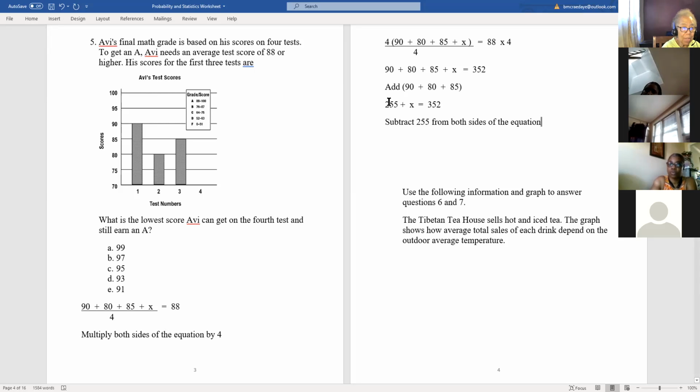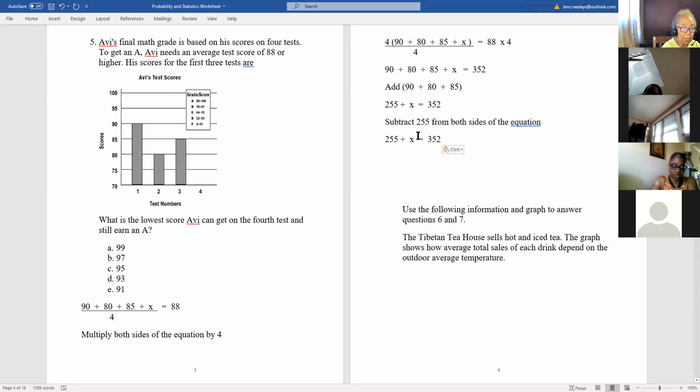So let's just do that. The 255 plus X, and this would be minus 255 on the left, minus 255 on the right. Well, the answer would be 97. That's right, Maury, you said 95, right?